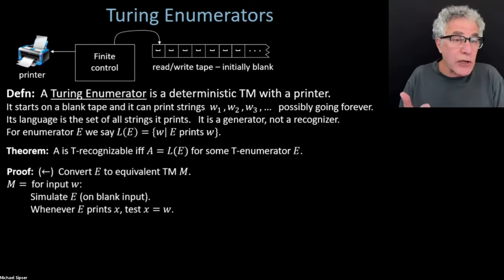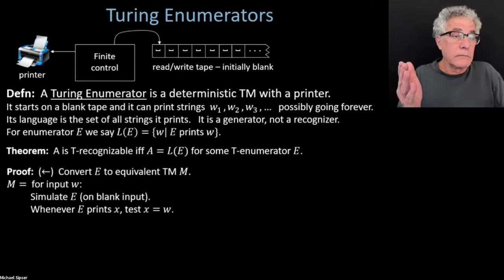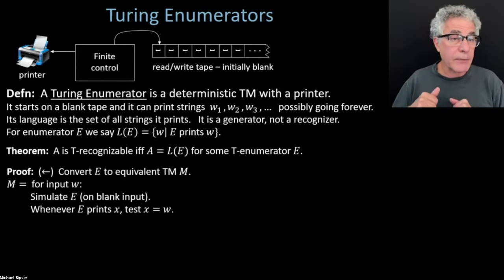What do I do? I fire up that enumerator, get it going, and start watching the strings it prints out, comparing them with my input string, 1101. If I ever see it print out a 1101, great, I know I can accept because I know it's in the enumerator's language.